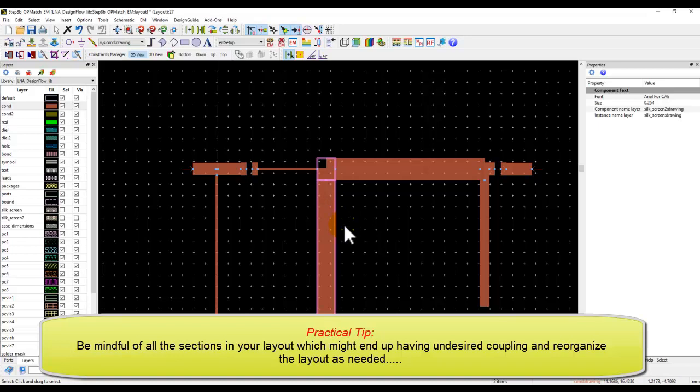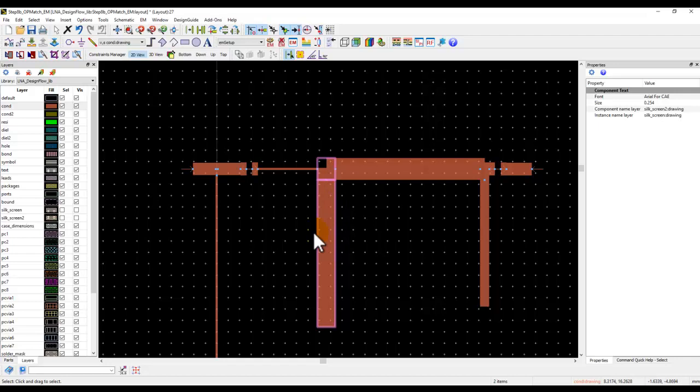Your schematic cannot capture that because for the schematic, each of these is an individual line. And that's one reason sometimes why people see a lot of difference in performance between when they do schematic design and layout design. So this is one of the reasons: sections accidentally start coupling with each other, which your schematic will miss, but layout cannot miss because you're running a full wave EM kind of simulator.